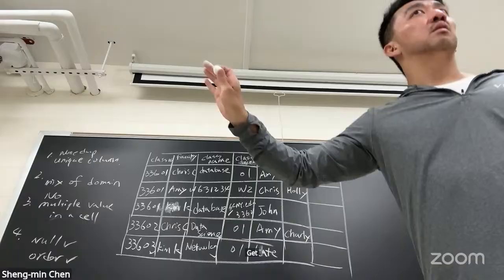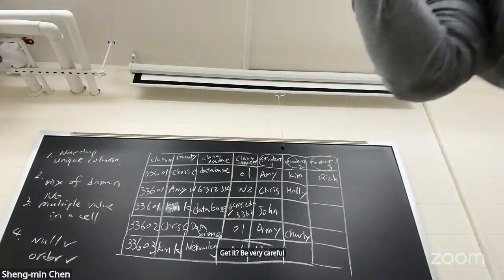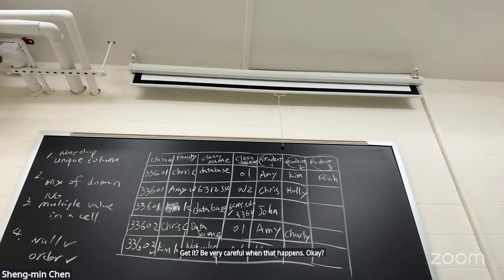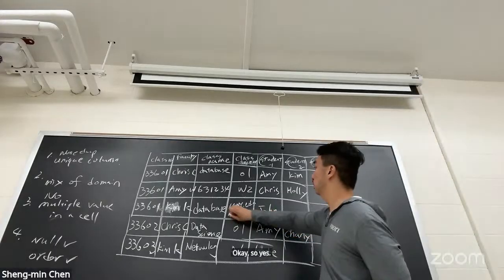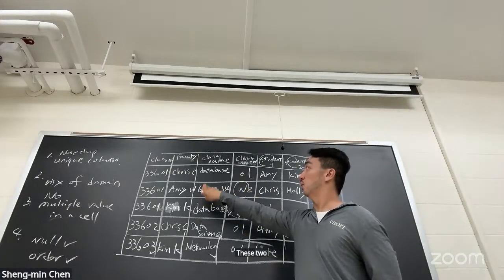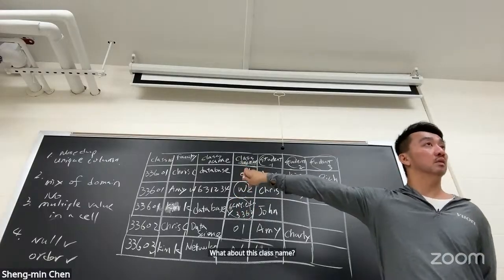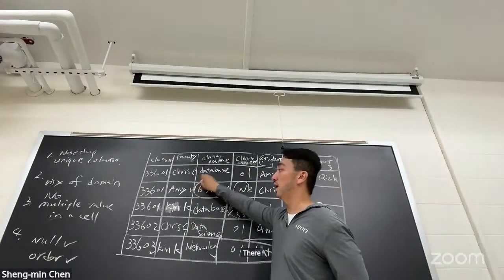Get it? Be very careful when that happens, okay? Normalization is talking about no mixed domain, not no mixed data type. The domain part is even more strict. Okay? So yes, these two. What about this class name? There's also a mixed domain, right?